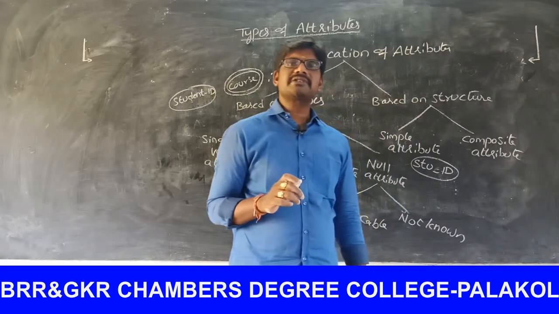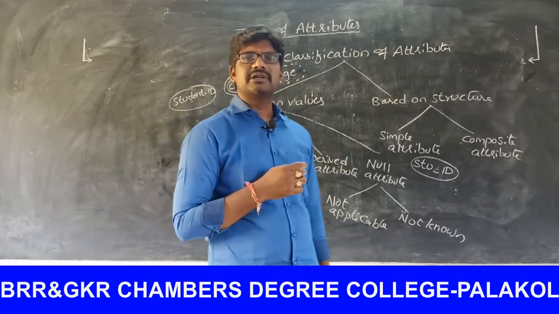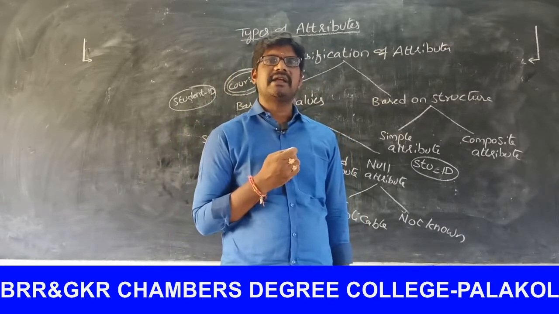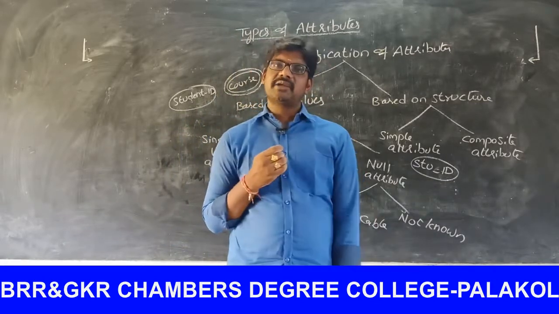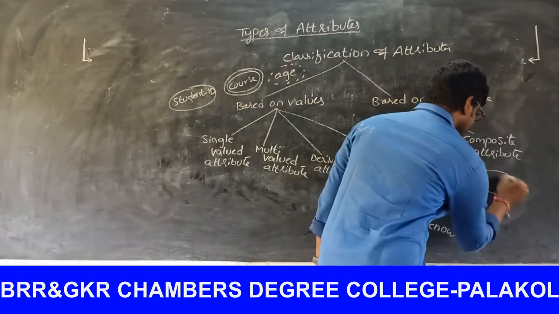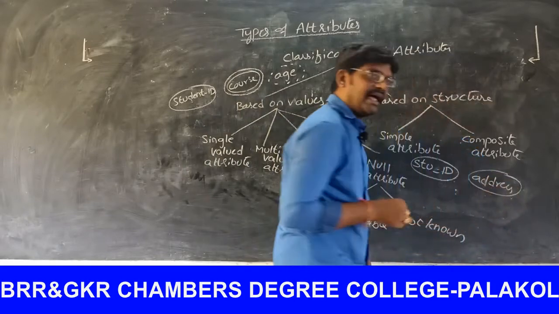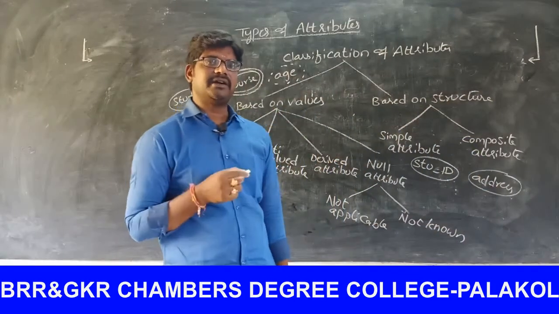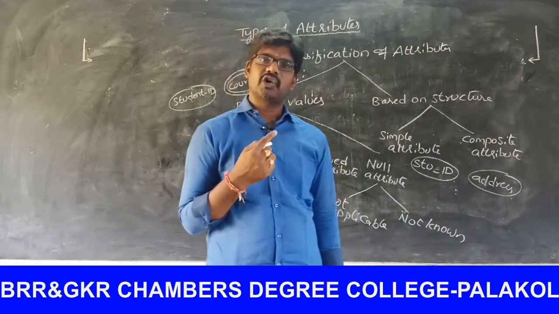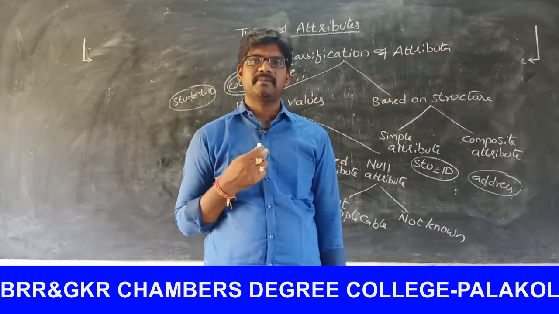Next, composite attribute. What is the meaning of a composite attribute? An attribute that can be divided further, we call a composite attribute. For example, address. An address can be divided into a number of attributes like door number, street, pin code, city.